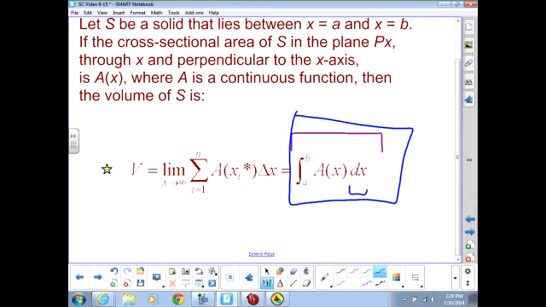The dx basically represents the thickness. That's where that shows up in the integral. And remember, that's going to be uniform for everything. And then A of x is the area of our face. Again, we'll be working with circle faces mostly, so we'll have pi r squared in that spot.